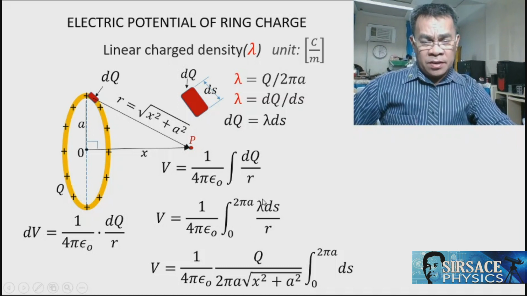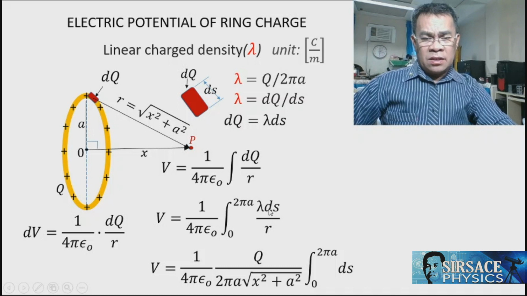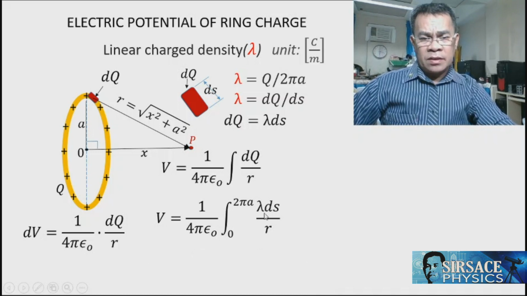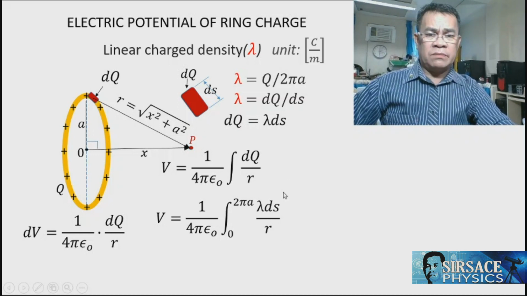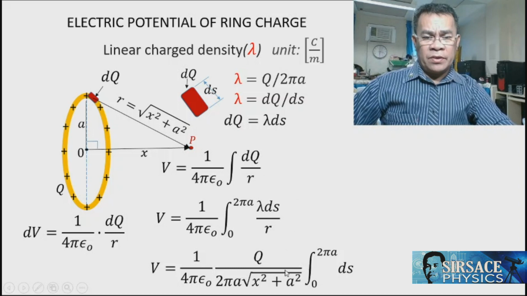Take note, okay. dq is what? dq is linear charge density times ds, substituting here. Then r is, take note, the square root of x squared plus a squared. So therefore, we substituted r here. This is r, okay? And take note that linear charge density is constant.